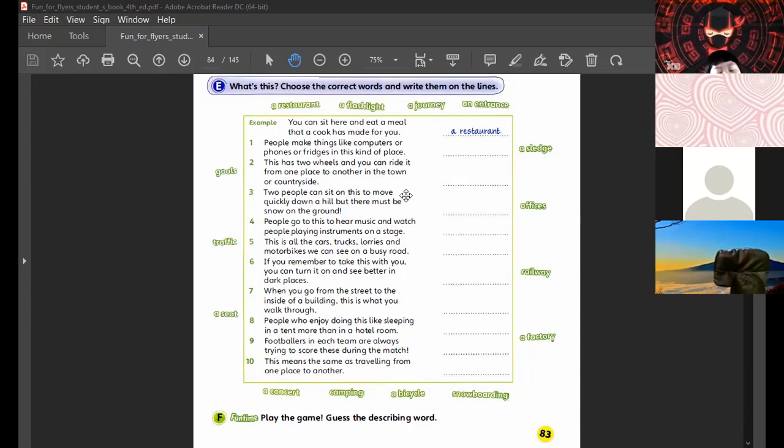So you have to look around and choose the correct word for the definition that you have. There are 10 words that you need to write, but we have 15 words to choose from. So 5 words we don't need. So be careful.